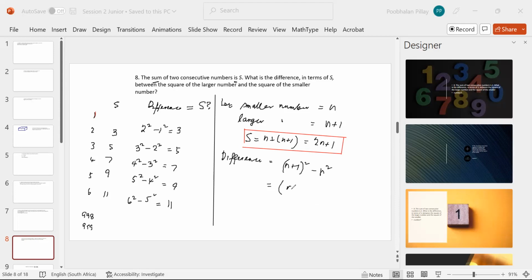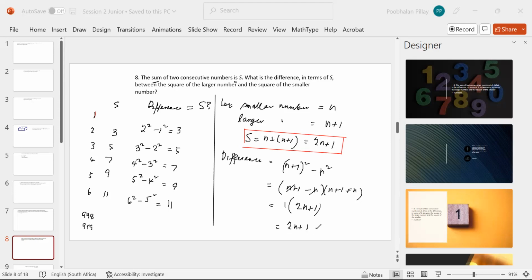So the difference between two squares, a squared minus b squared, is a minus b into a plus b. So n plus 1 minus n times n plus 1 plus n. Now n plus 1 minus n, that's just 1. All right? And here you have n plus 1 plus n, which is 2n plus 1. And 1 times anything is 2n plus 1. And there it is. S is equal to 2n plus 1.